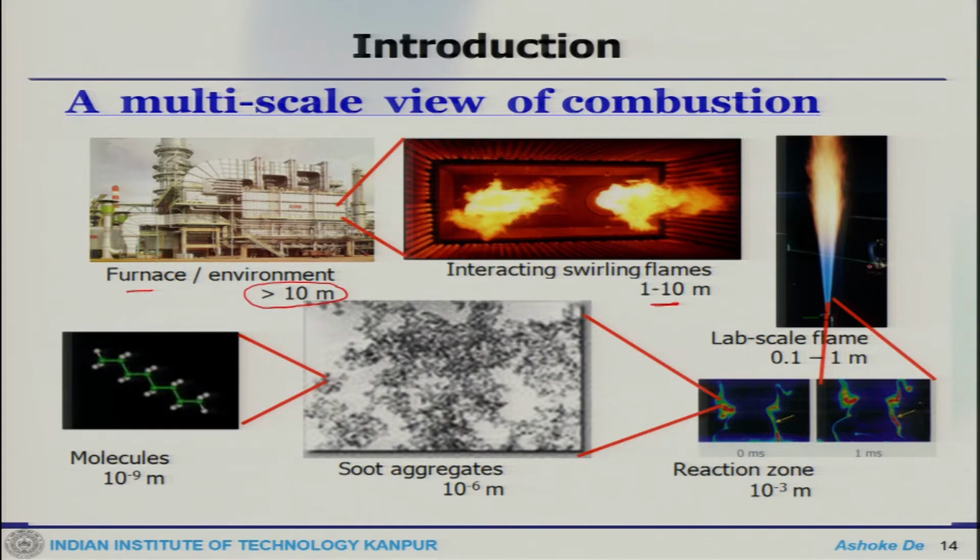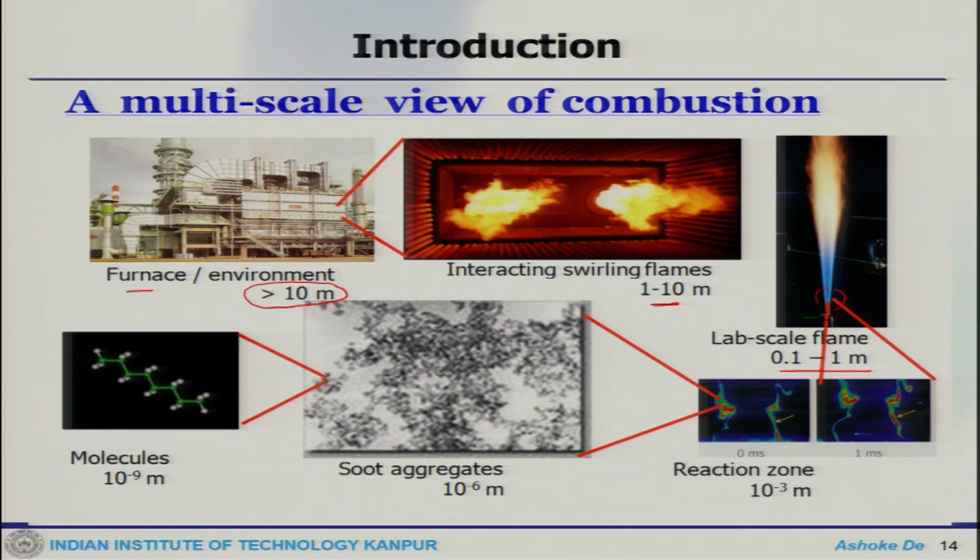Now, you move to the laboratory level scale, that means these are some of the flames, and the scale is 0.1 to 1 meter. So, immediately there is a change of an order of magnitude, and when you look at this particular zone zoomed in, this is how you look at the reaction zone, and we call it a reaction zone.